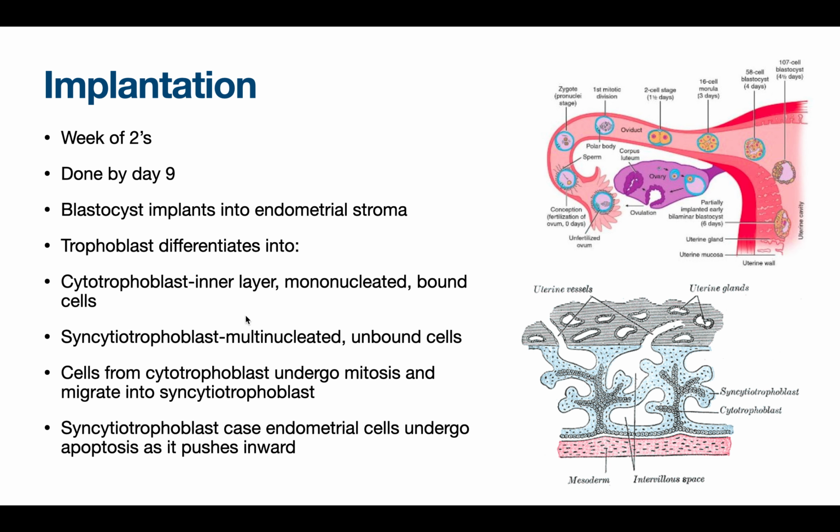The cells from the inner layer, the cytotrophoblast, will undergo mitosis and then they will migrate outwards into the syncytiotrophoblast. And then the syncytiotrophoblast will cause the endometrial cells to undergo apoptosis as it pushes inward. So here is the syncytiotrophoblast.